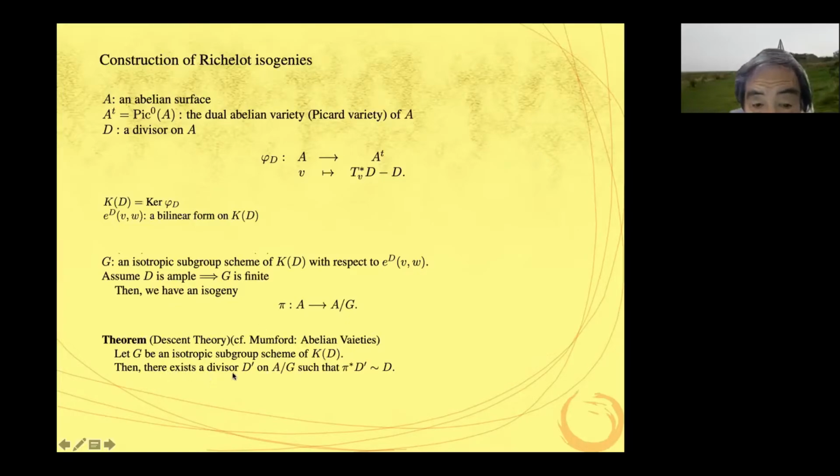Then there exists a divisor D prime on here, such that the pullback is D. So if you make the quotient by a maximal isotropic subgroup, anyway, an isotropic subgroup is okay. If G is an isotropic subgroup, you can descend D from A to A over G. This is descent theory by Mumford.